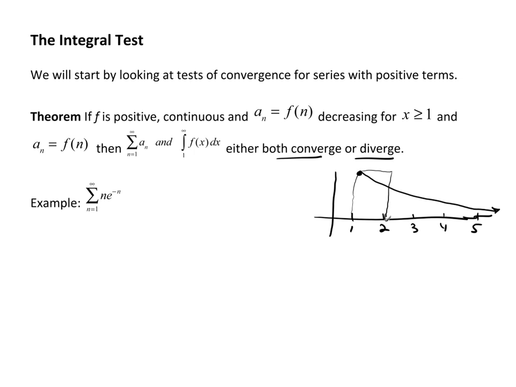And then this box has area equal to a_2, because it comes up as high as a_2 does, and so forth. So if I add up the infinite series, I can think of it as an area represented in these boxes. This is kind of like a left-hand box sort of thing.